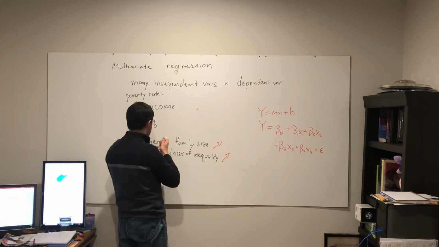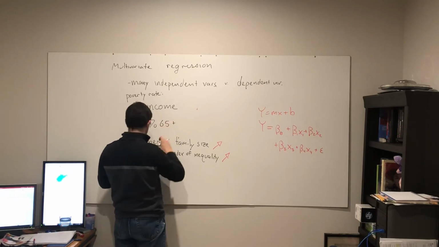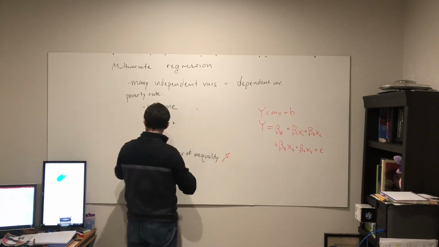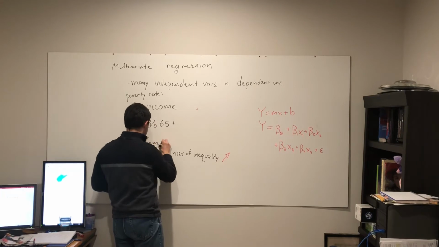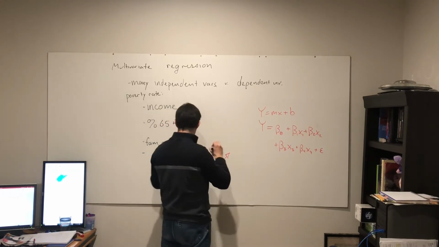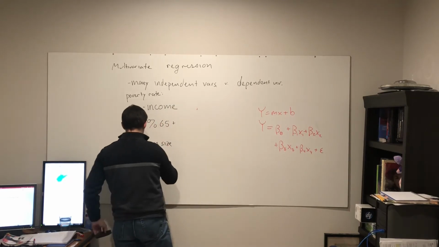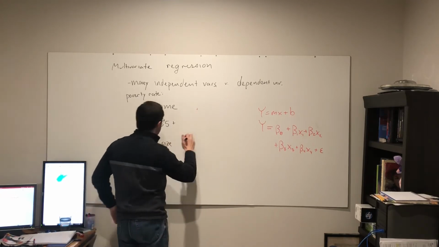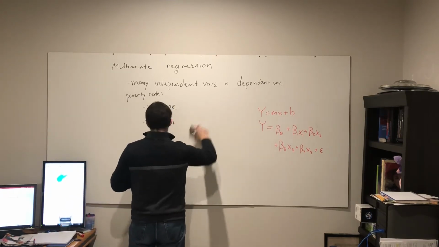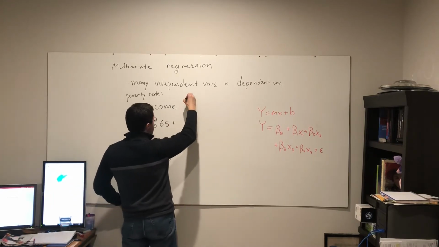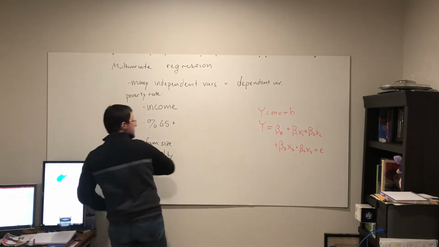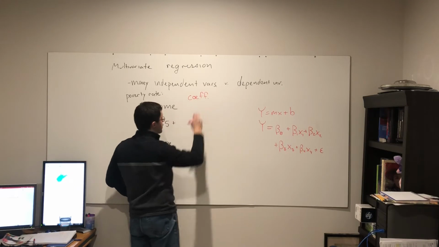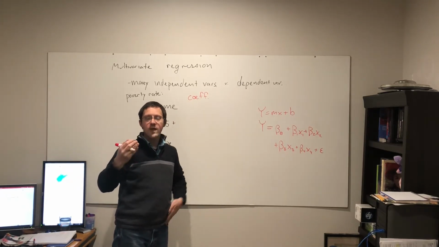So percent 65 plus, family size, and inequality. We would still get, in our table, a coefficient. But now we have 4 of them.